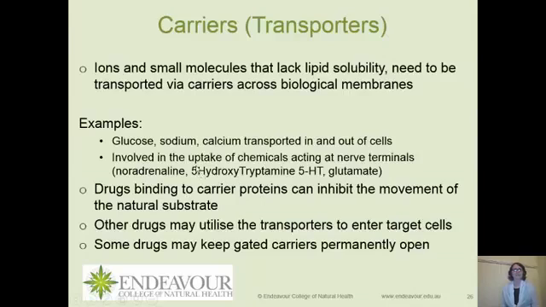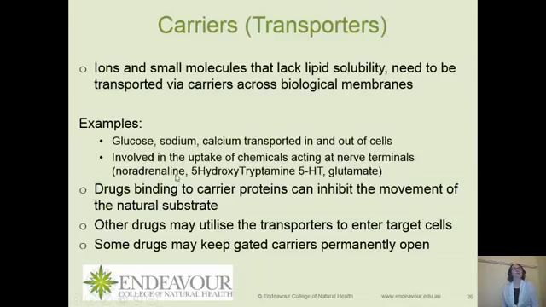Some of these carriers, these transporters, might be involved in the uptake of chemicals which are neurotransmitters, or perhaps metabolites, but ones where it's actively the neurotransmitter that is taken up by a nerve cell.